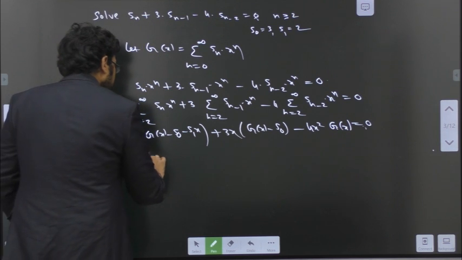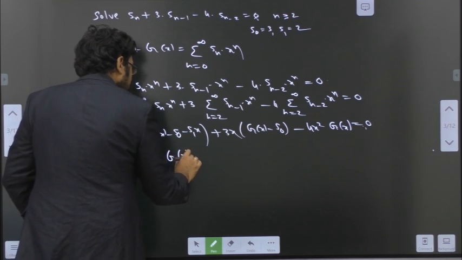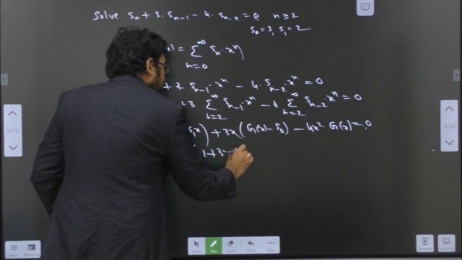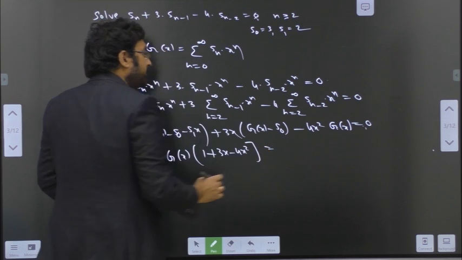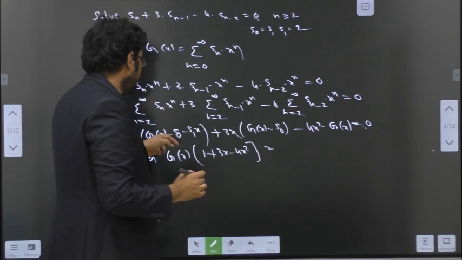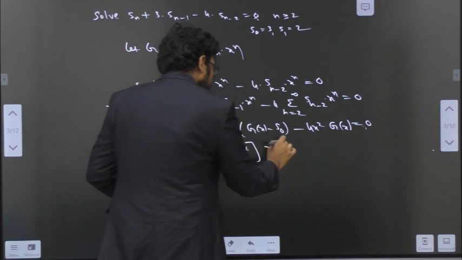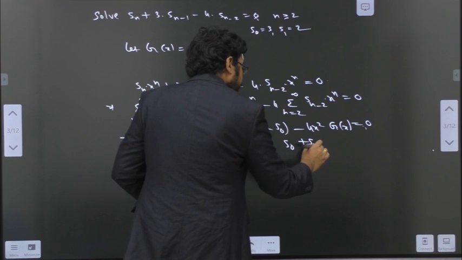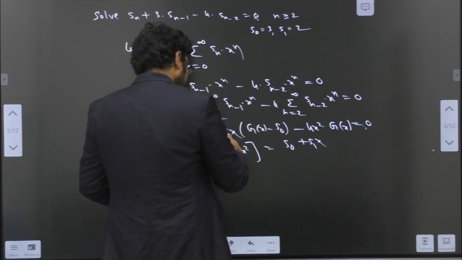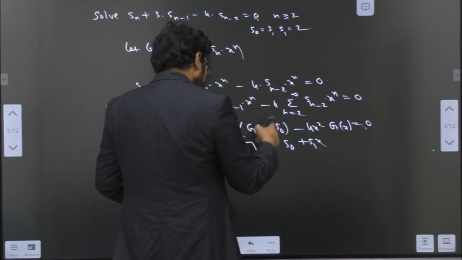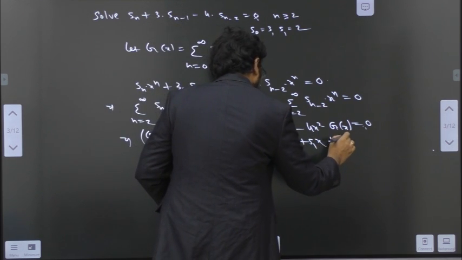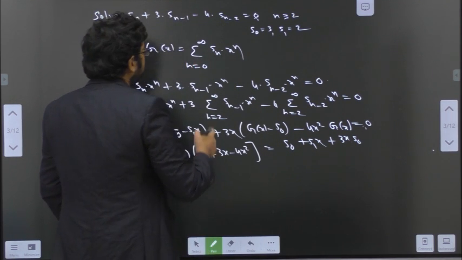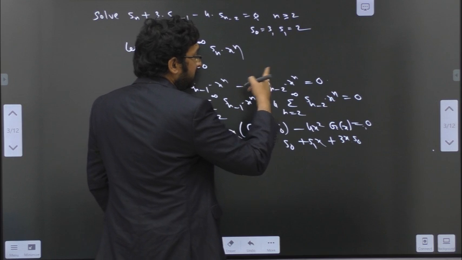That implies take g of x as common, then we will get 1 plus 3x minus 4x square. Take the remaining terms to the right side. So minus S_0 will become plus S_0, minus S_1 x becomes plus S_1 x, minus 3x S_0 will become plus 3x into S_0. So substitute the initial values here, S_0 equal to 3, S_1 equal to 2.